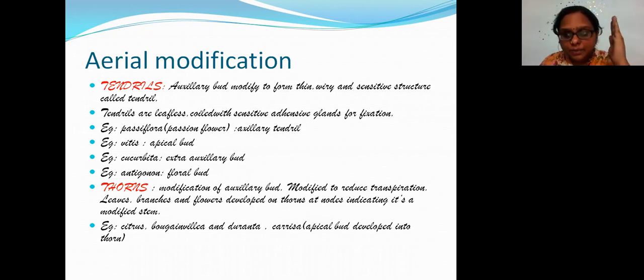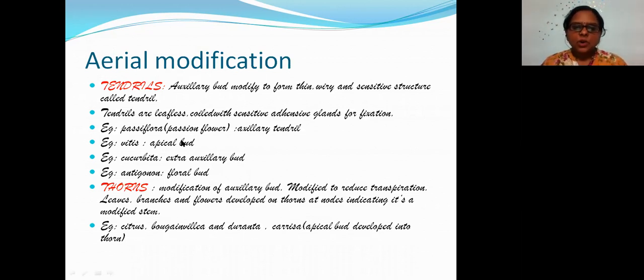That's why if you keep a stick or any support, they stick on that and coil around, because the adhesive glands secrete some pasty substance, so whenever you give a support or it is near a wall, it sticks on that and starts coiling.